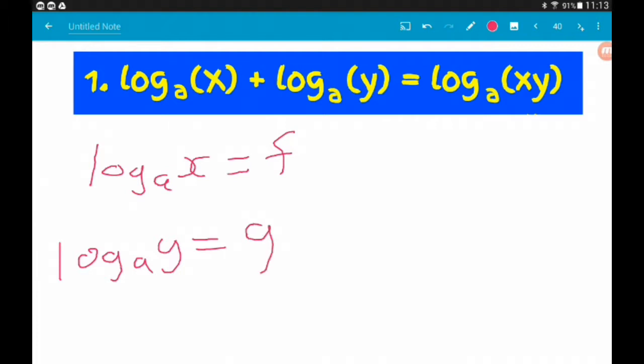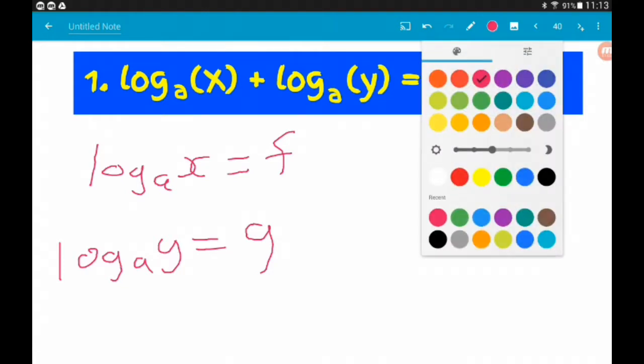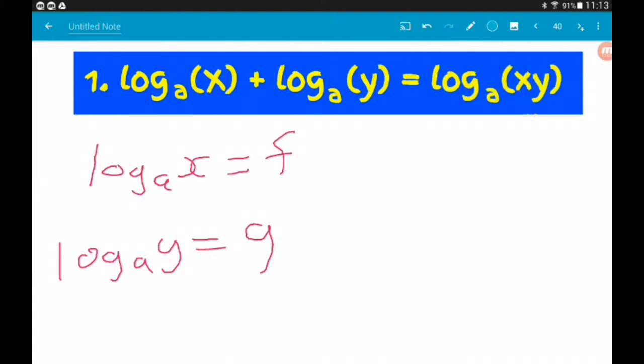So why am I doing this? Well, it's so I can then write the logarithms in index notation. So if log base a of x is equal to f, this is equivalent to saying that a to the power of f is equal to x.